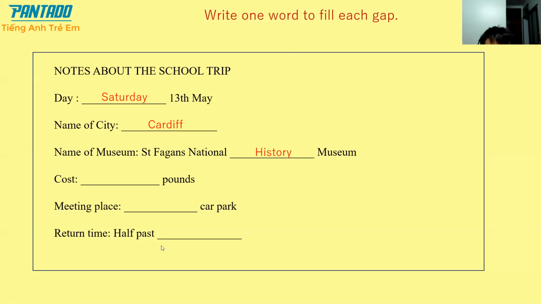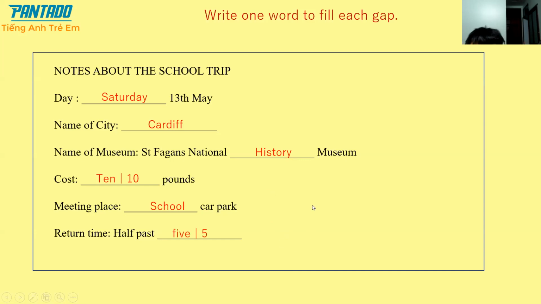And the cost of the school trip is £10, and the meeting place is the school car park, and the time that they will return to the school is half past 5.